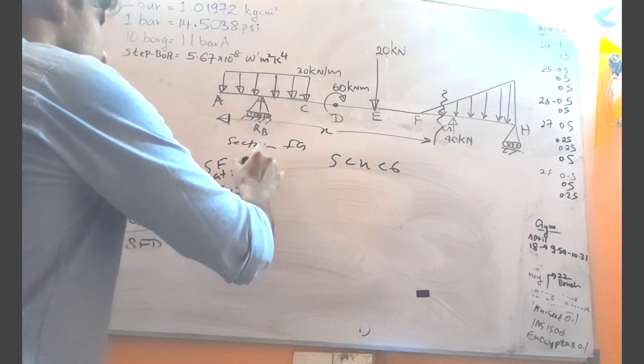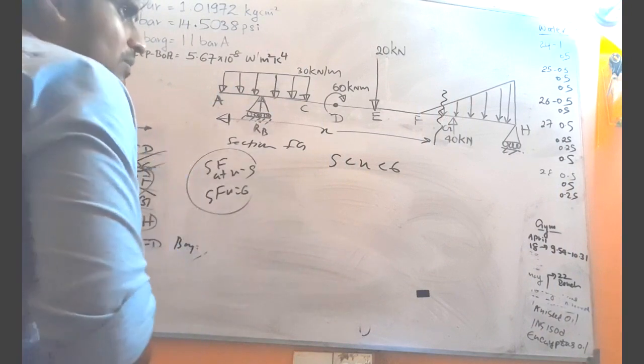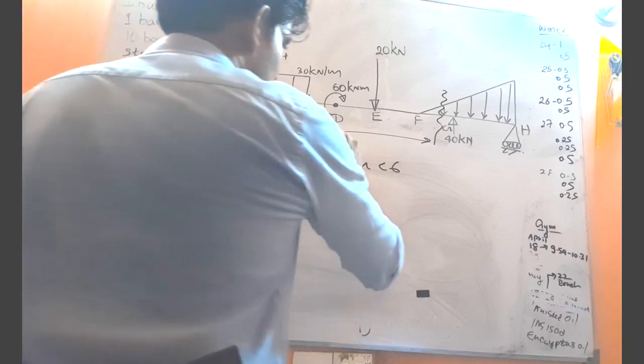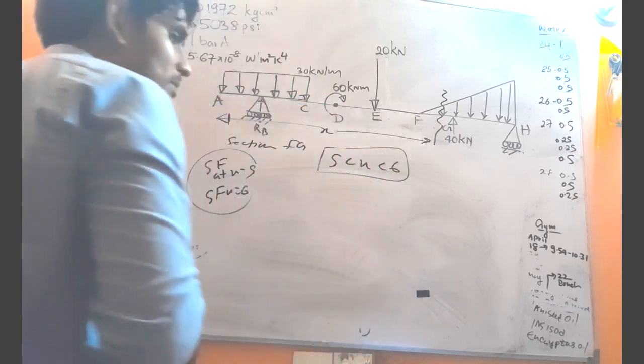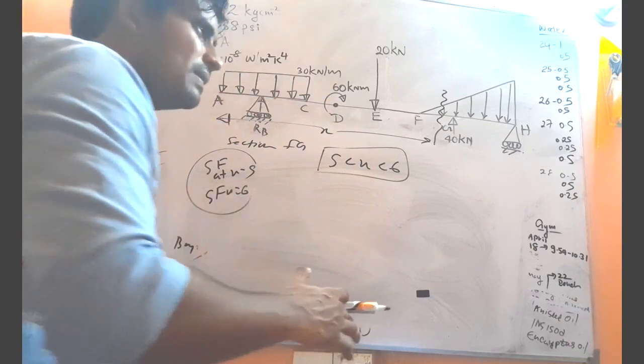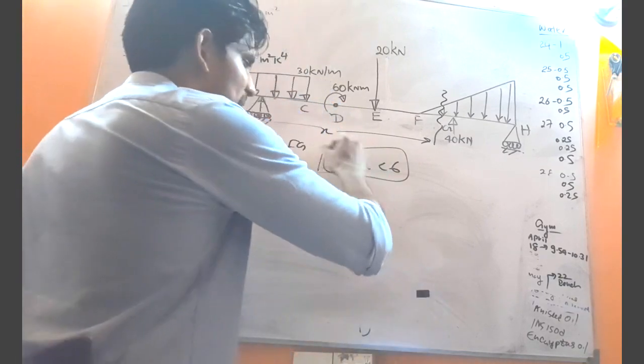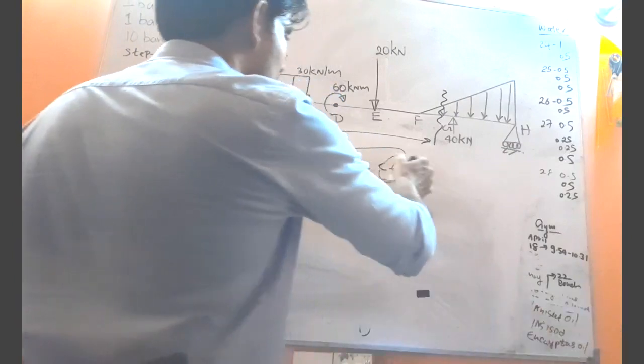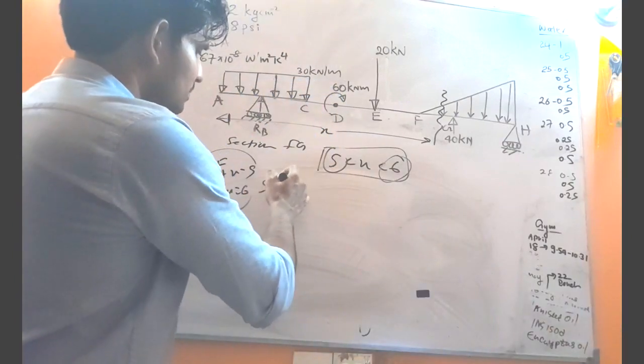So when considering the section, it would be much better if you write it like that, because the general equation is not valid when it actually reaches the lower limit and the higher limit. So now let's write the shear force.